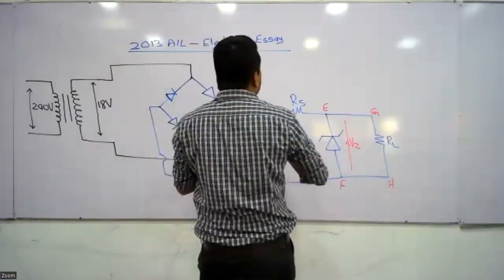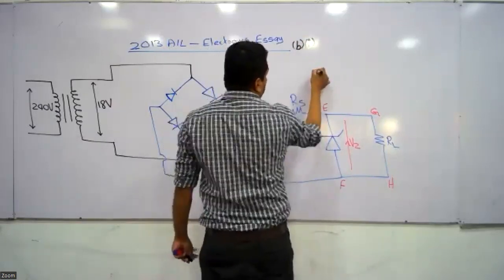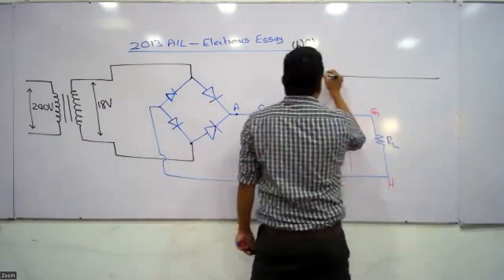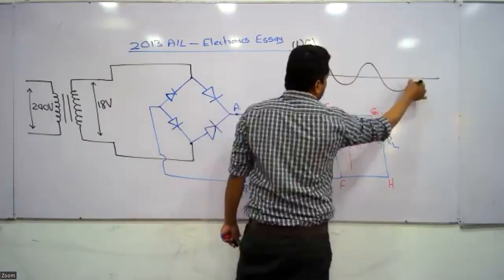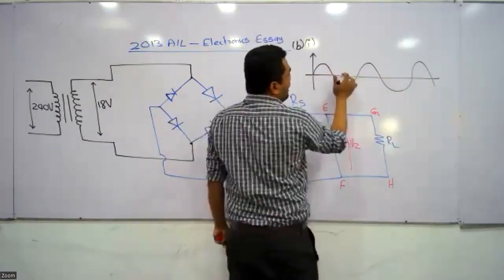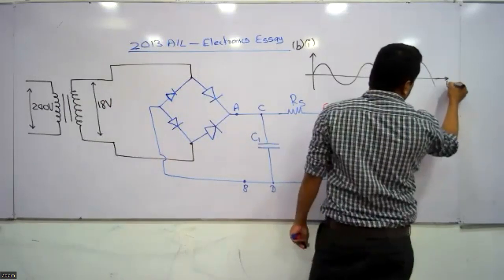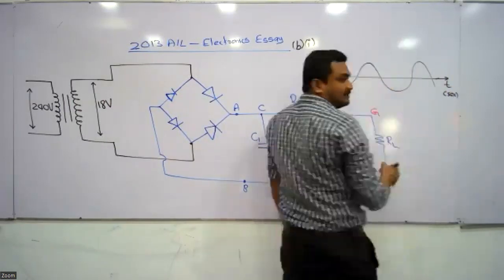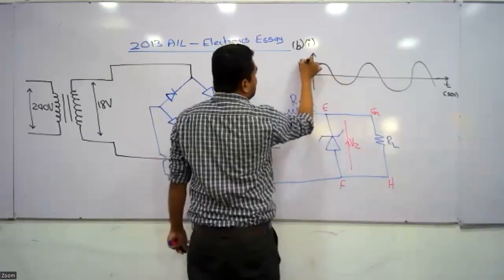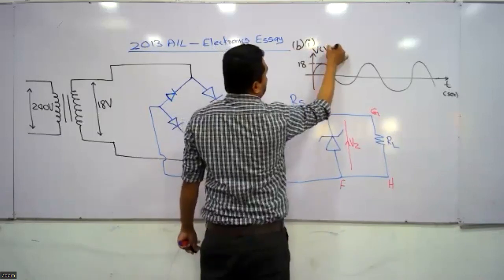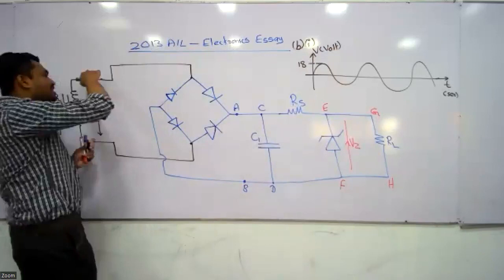What is the transformer output here? B Roman number 1. The transformer output voltage will be like this. You should draw several curves, at least 6 such curves. This is T measured in seconds. The transformer output maximum voltage is given as 18 volts.